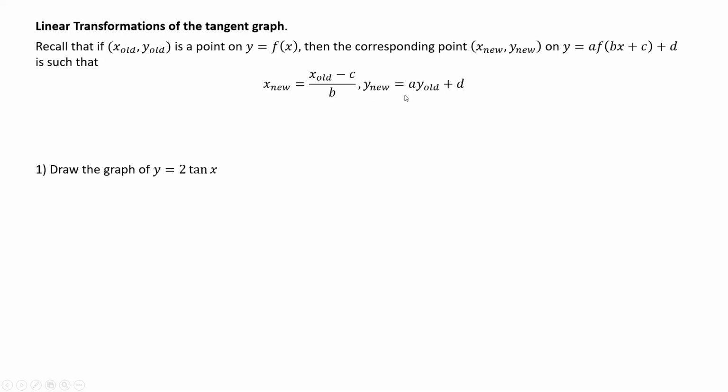So that means the whole tangent graph is stretched in the vertical direction by double the amount, meaning whatever the y value of a point is, that y value is going to get doubled. When 0 gets doubled, it still remains 0. That's why that point remains the same.